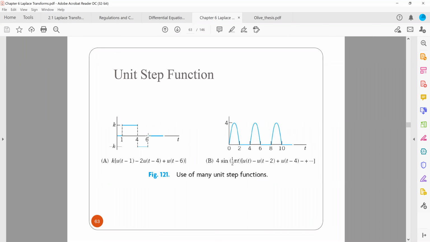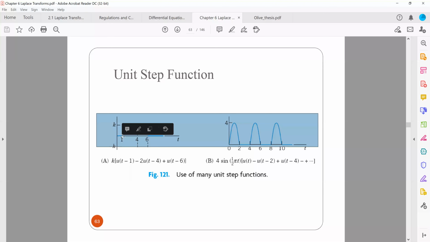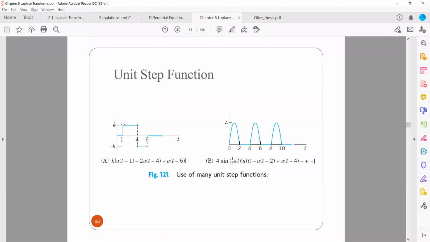It's unfortunate I don't have a blackboard, so I don't know if you can visualize this. But imagine u(t - 1) is a function that starts from 1 and goes on infinitely, with amplitude 1. Then u(t - 4), because it has a negative sign and times 2 in front of it, is going to be minus 2.